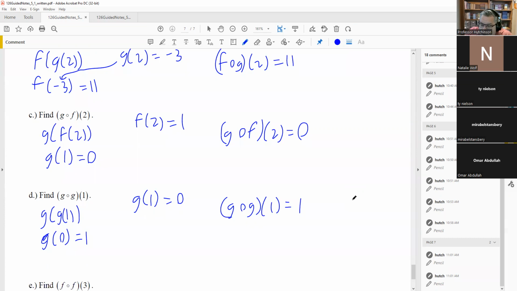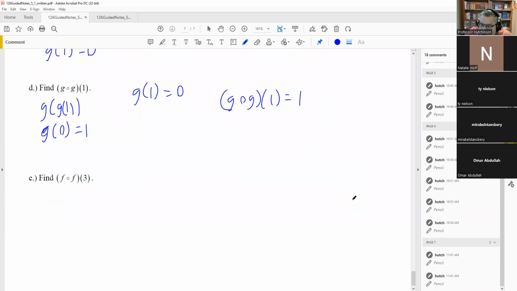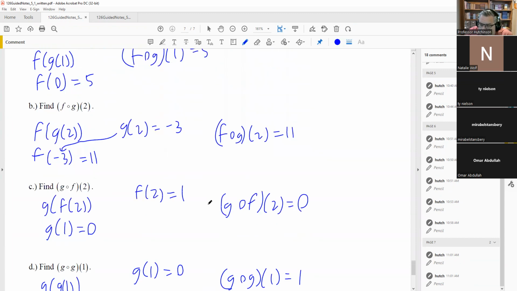Then the last one, and then we'll take a look at one of the homework problems. f of f of 3, the same thing as this right here. We first want to find f of 3. Go back to the table again.